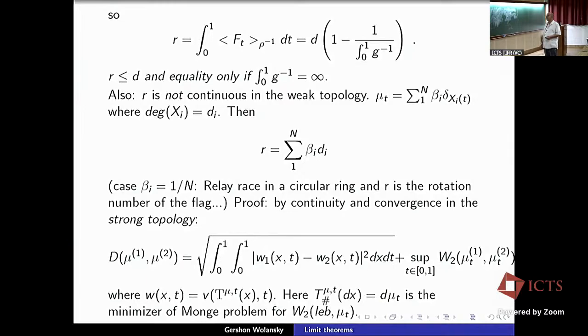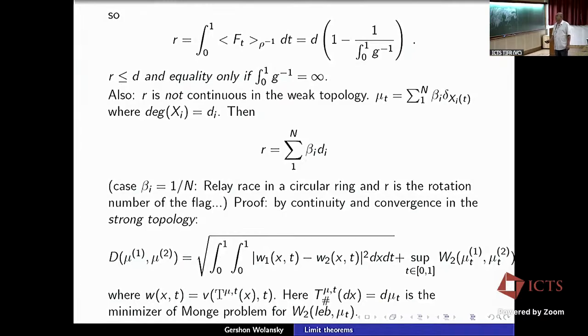In the topology defined by this metric, if you take the space of smooth densities and complete it with respect to this topology, you get the whole space of Borel probability measures which have a finite metric derivative in L2.